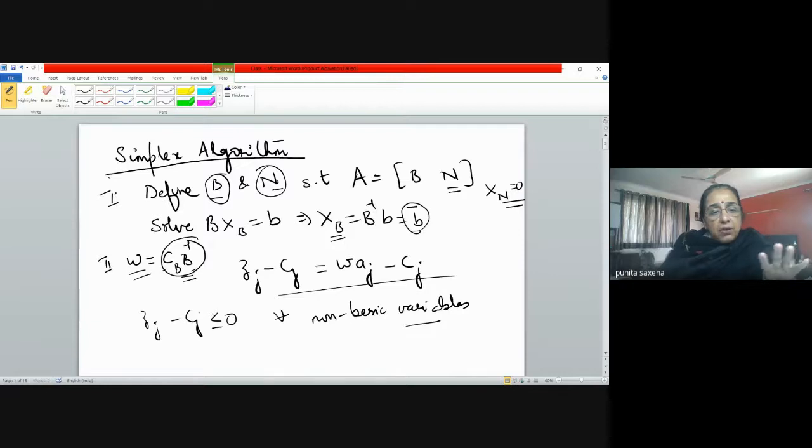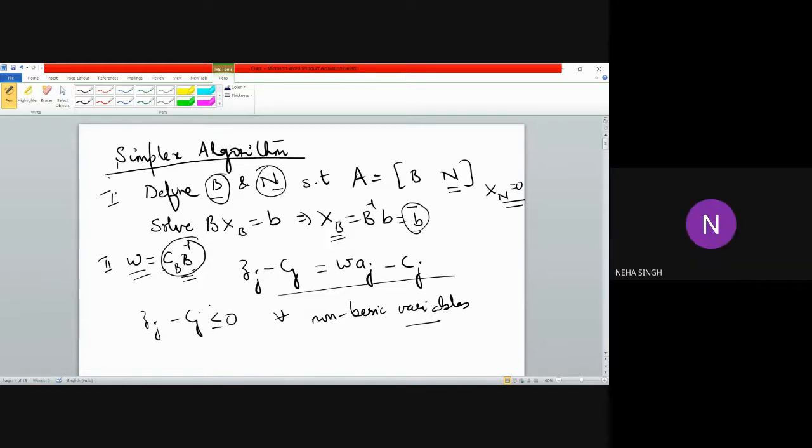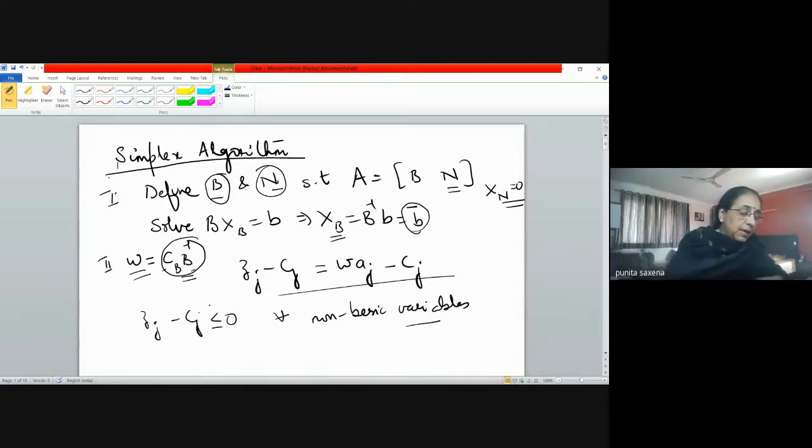Sorry, not less than, more than 0? What condition did we impose? Ma'am, for optimal it was less than or equal to 0. Yeah, sure. Oh yeah, I'm sorry. I'll tell you in a while, we'll move on, then we will let you know how to remember this.